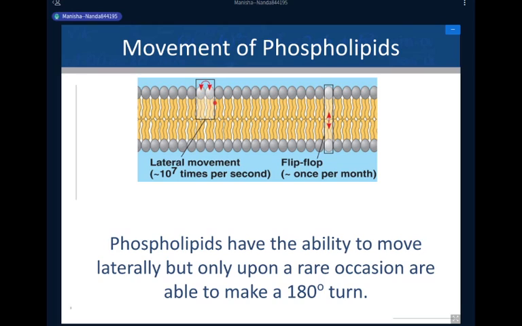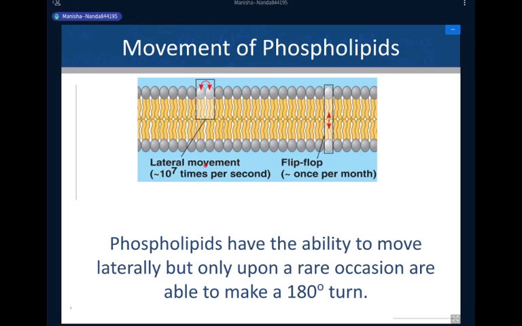Now, other than this, the lipids can also exchange places in between the bilayers. This is called the flip-flop movement. So, in short, we can say that the membrane phospholipids show two types of movements.